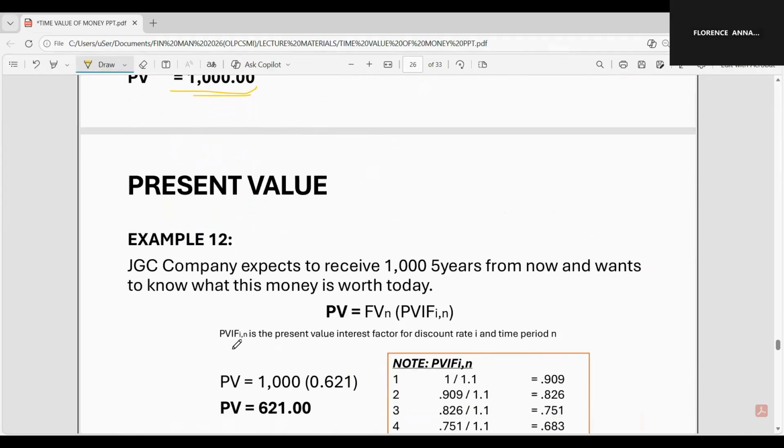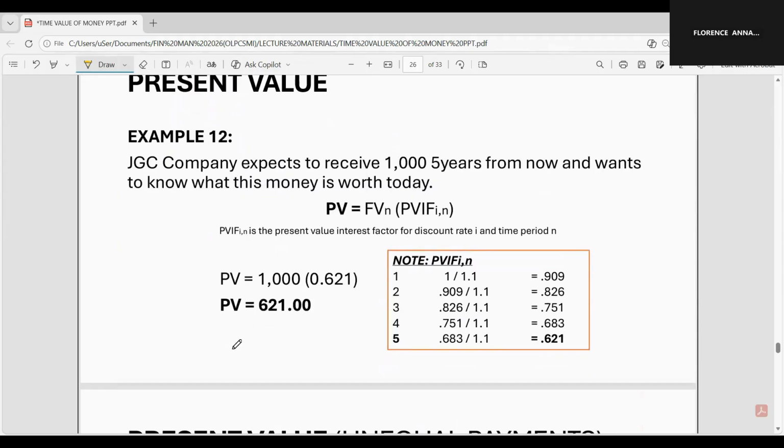Okay? Next example, JGC Company expects to receive 1,000 5 years from now and wants to know what this money is worth today.